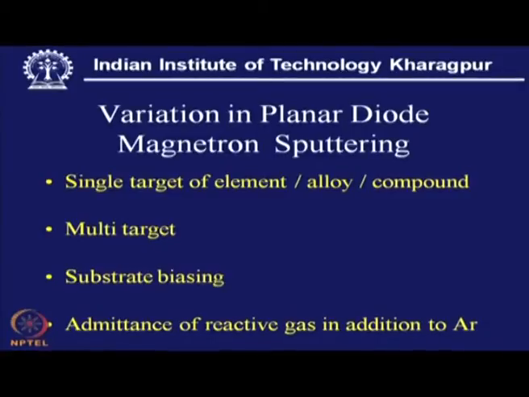It can be a single target magnetron, a multi-target magnetron, a multi-target magnetron with substrate biasing, or magnetron sputtering with a reactive gas. So, it can be reactive magnetron sputtering. All the variations are possible just with the incorporation of the magnet, and the apparatus becomes much more efficient than the case where we do not use the magnet.